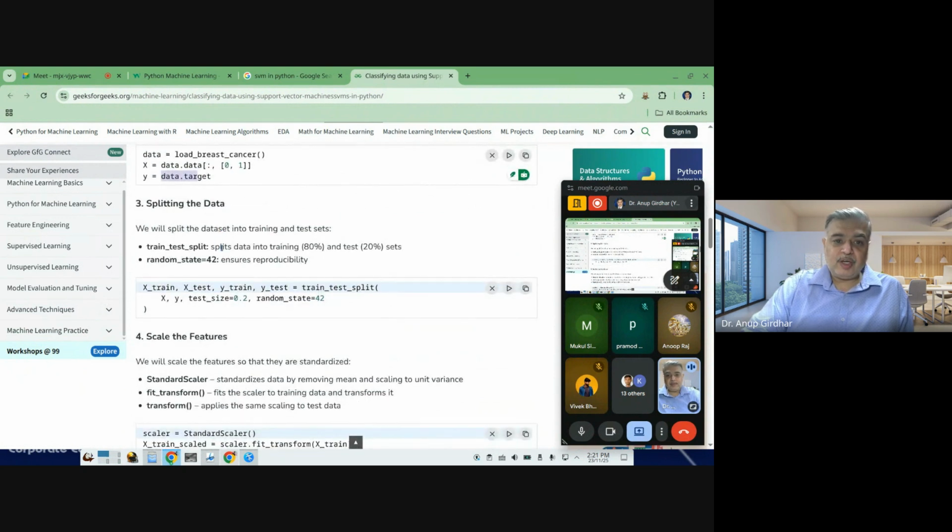Split your data, because this is machine learning and train-test split is required. Apply train_test_split with an 80-20 ratio and random state of 42, which ensures reproducibility of the data.